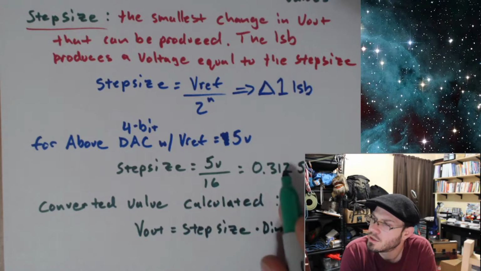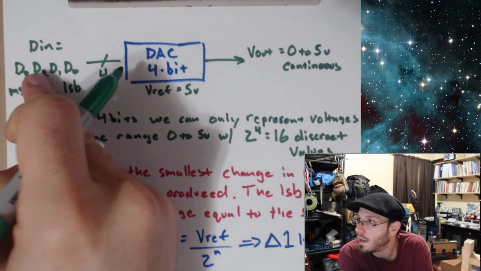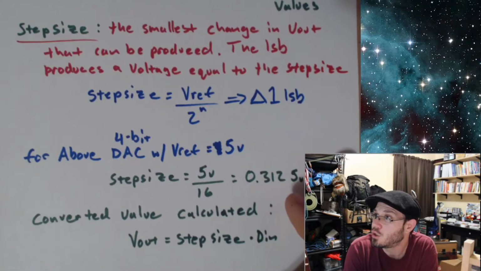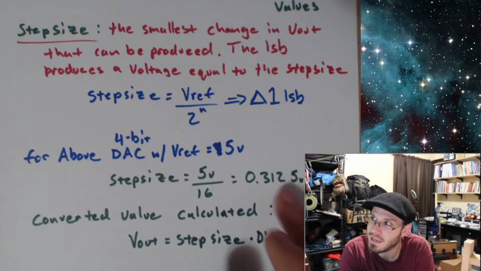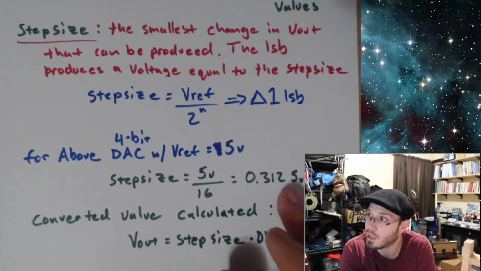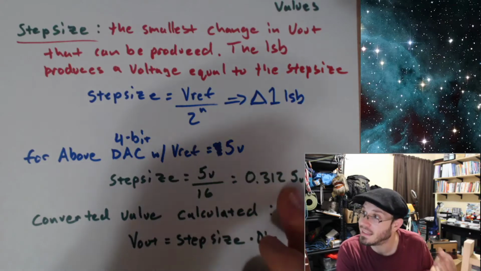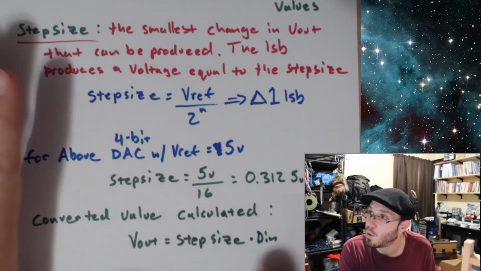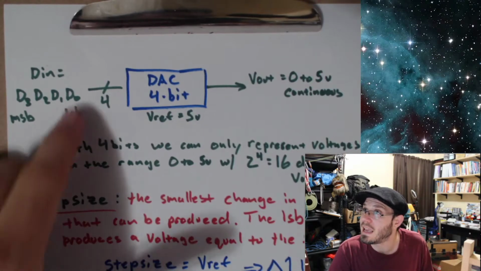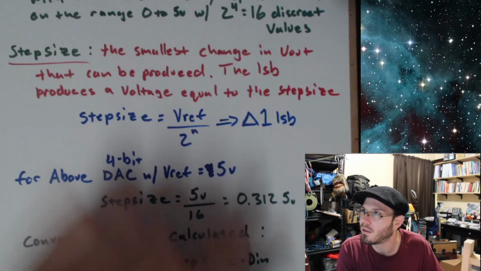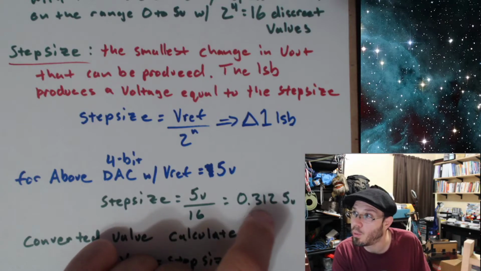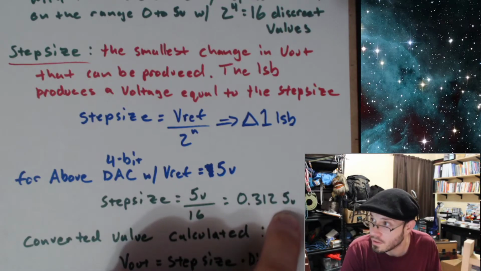Okay? So if we're given a numerical input of 1 or 2, you take 2 and you multiply it by the step size. And that makes sense because the step size refers to the smallest change or the change of that least significant bit. So if my least significant bit is 1 and all other ones are zeros, well, go figure. My output should be 0.3125 volts.